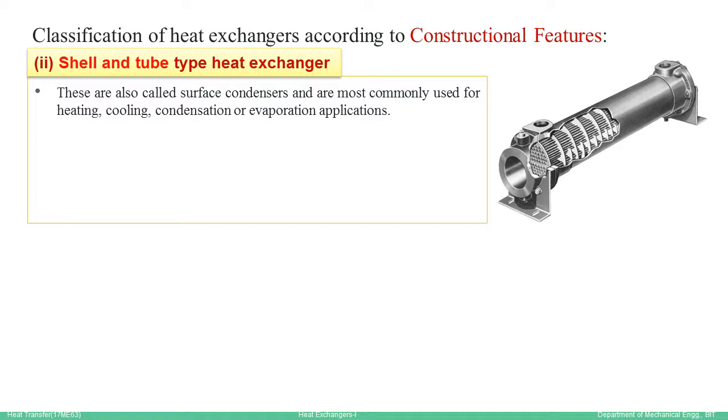That means wherever you need a large rate of heat transfer, you will employ a shell and tube heat exchanger.